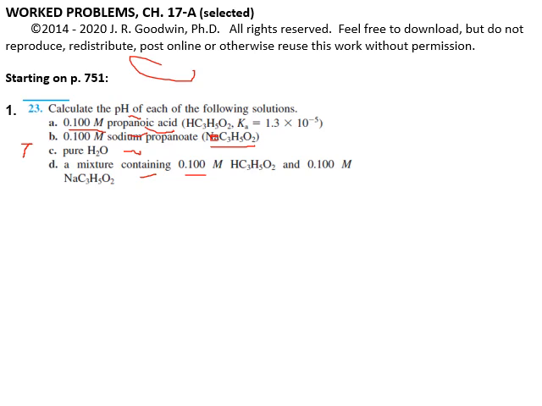But when you add water to a weak base and then see what happens, that is a Kb expression. So you don't want to use this Ka right here because you'll get the wrong answer. You have to convert this number, 1.3 times 10 to the minus 5th, to the Kb. So you want to take 1 times 10 to the minus 14th divided by 1.3 times 10 to the minus 5th to get Kb for part B.